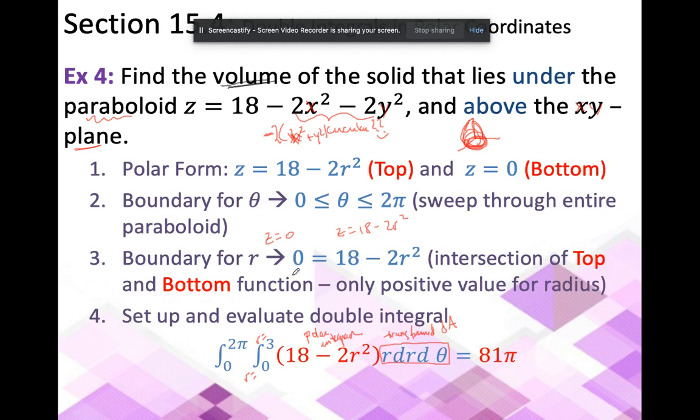Here are the r values I got from subtracting 18 divided by -2 and getting 9. So r is equal to plus or minus 3. Remember, when you're dealing with polars, I only need that positive value for the radius. And then these are my theta values. Now don't forget you have to distribute your r. So you have 18r minus 2r cubed.